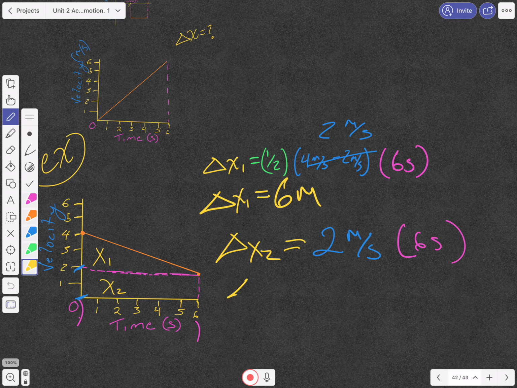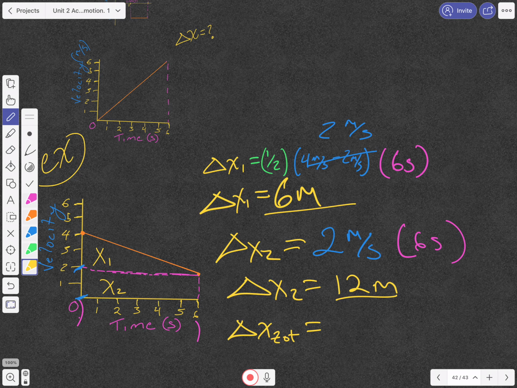And that will give us a delta x2, or a change in position for this part, of 12 meters. So now add those up. Delta x total is going to equal 12 plus 6, which would give us 18 meters.